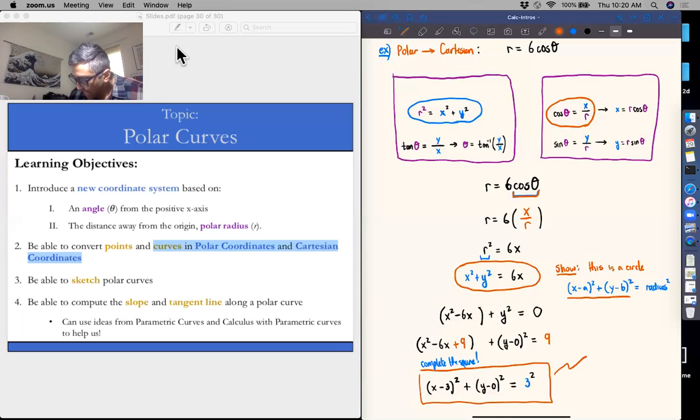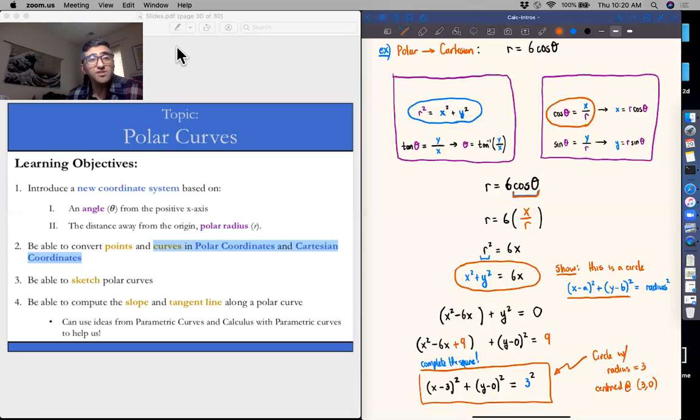So in this case, what we have is a circle with a radius equal to 3, centered at (3, 0). Either way, this little bit of extra algebra, completing the square and showing its more familiar circle form, was just extra to practice some algebraic stuff that we may not have done in a while.